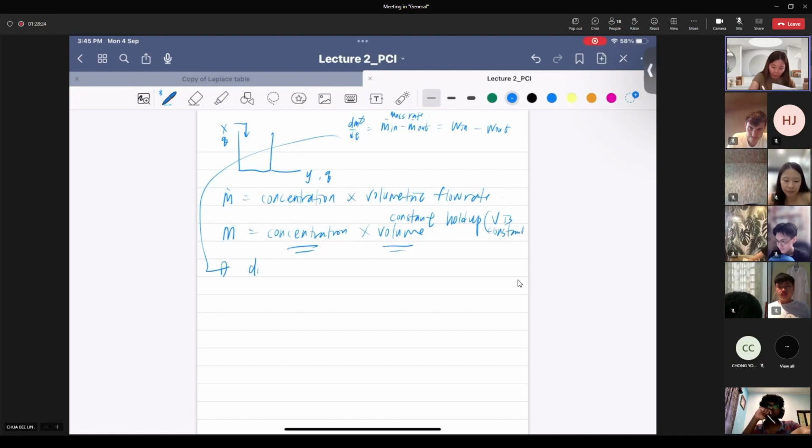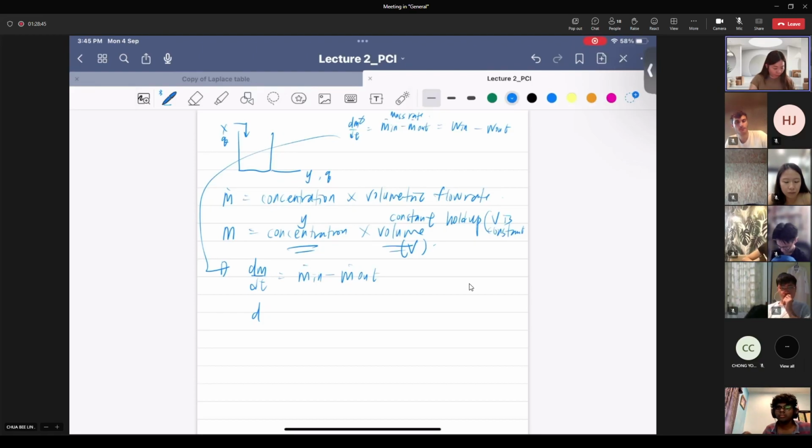So we will expand this equation, mass rate in minus mass rate out, using M equals concentration, which is Y, multiplied by the volume V. So I'll be having dM, Y multiplied by V. Since V is constant, V is outside, dY over dt, because of the accumulation term.